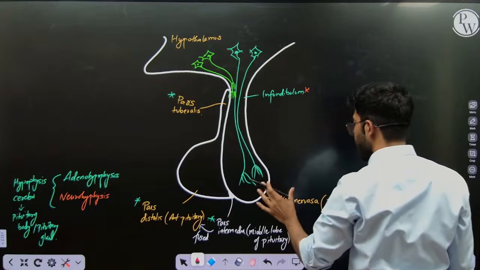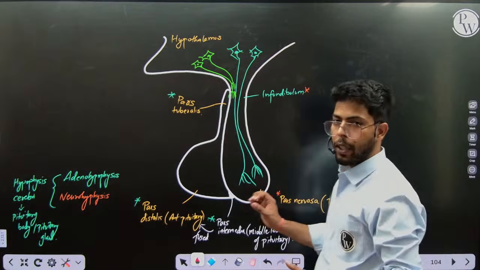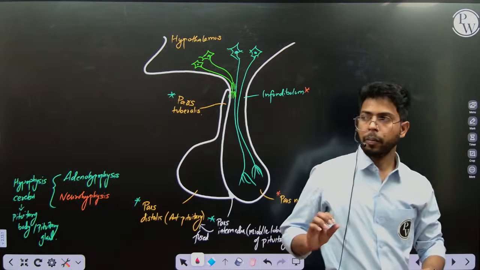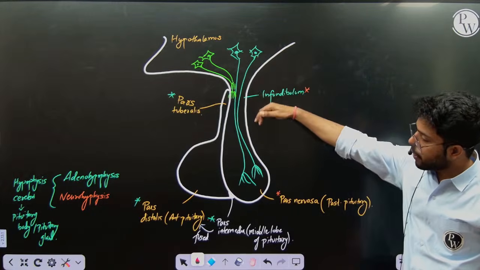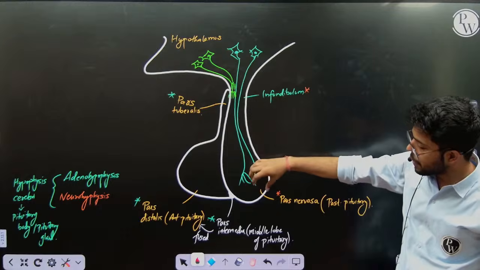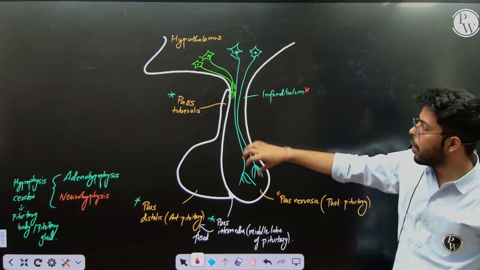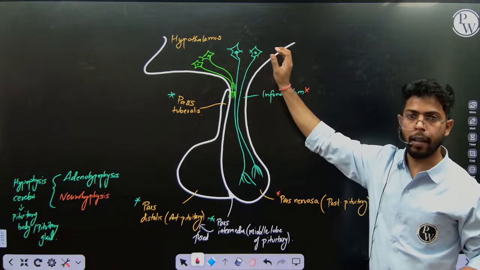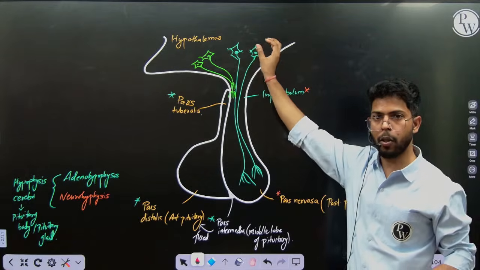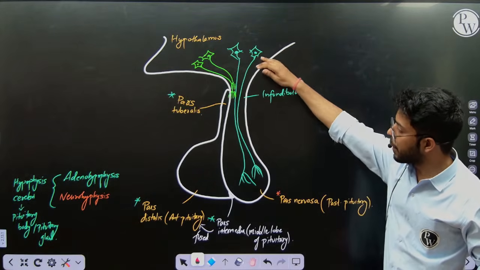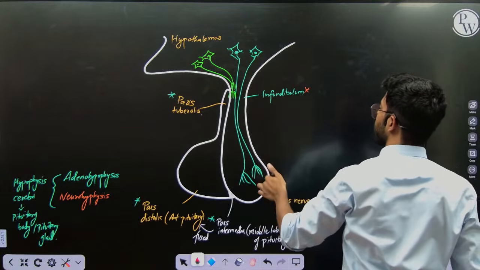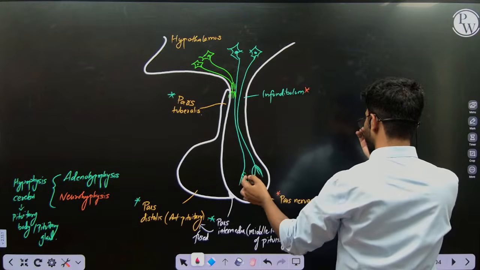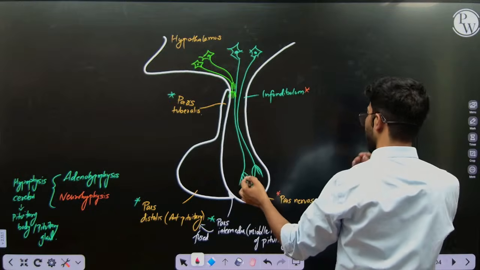The posterior pituitary hormones, for example ADH and oxytocin, are synthesized here, then travel along the axon through the infundibulum and get stored in the posterior lobe of the pituitary.